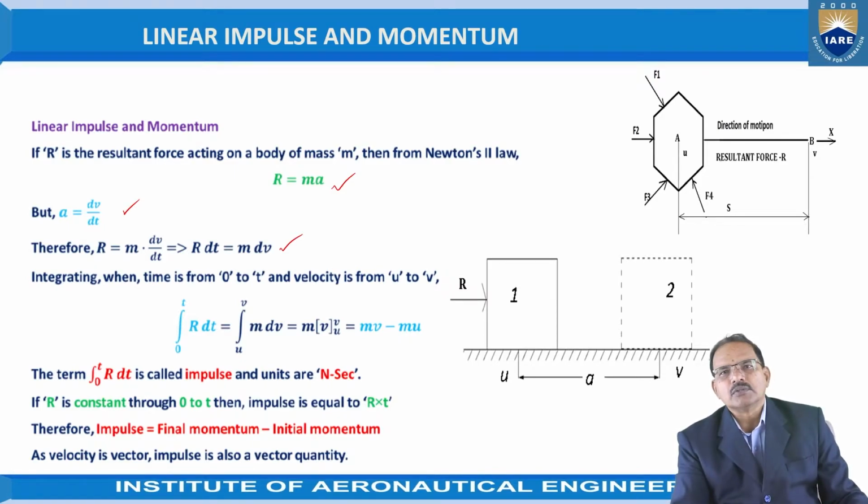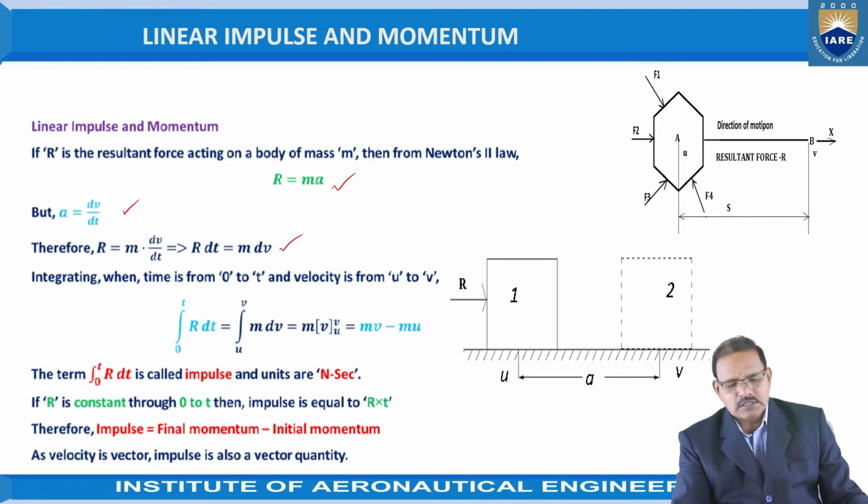So, integrating the equation on both sides with respect to time from 0 to t and velocity from initial velocity u to v, as shown in the figure, we get the integral of R dt equal to mv minus mu, that is the change in momentum. The integral of R into dt is called impulse. The units are Newton seconds.